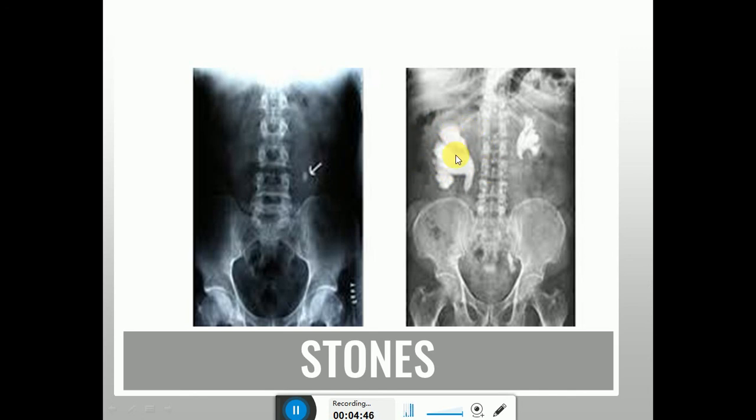This is a normal pelvis, and here you can see a very large stone which is present in the renal pelvis. To study these pathologies of the urinary tract, you should know the normal pyelographs, then only you are able to diagnose other pathological conditions, out of which stones are the most common.